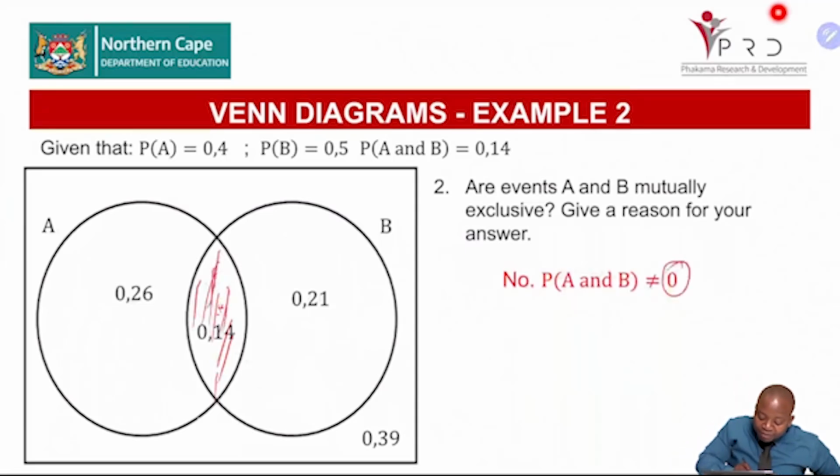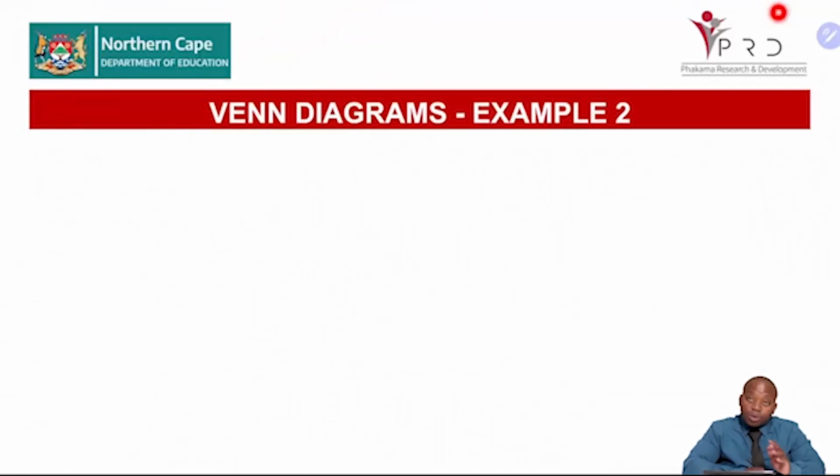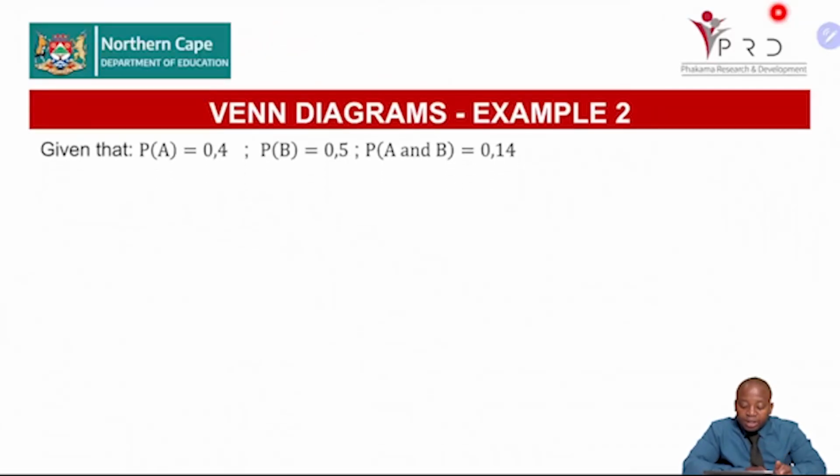There is a probability of A and B occurring. In this example, we are dealing with probabilities, whereas the first example dealt with actual numbers of events. Here our sample space has probabilities as given. So that's why I said 1 minus, to get the whole, the total sample space.